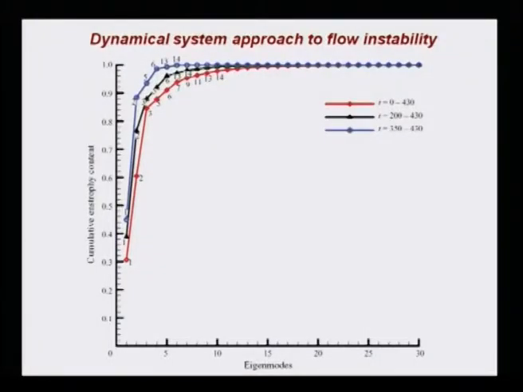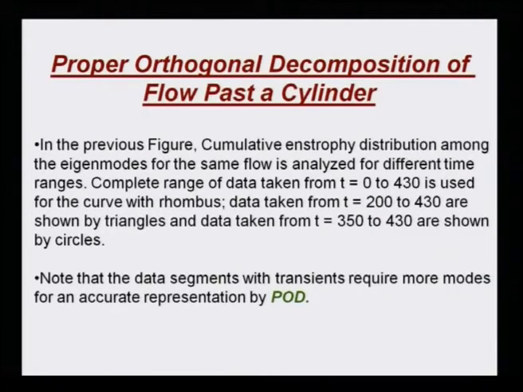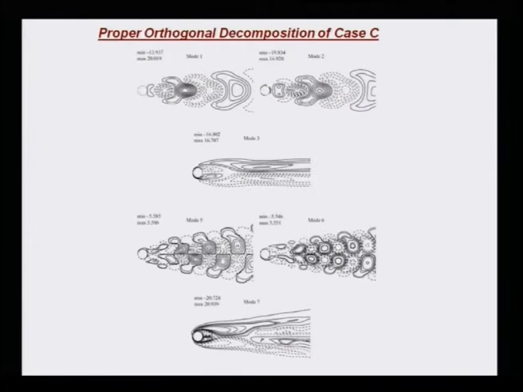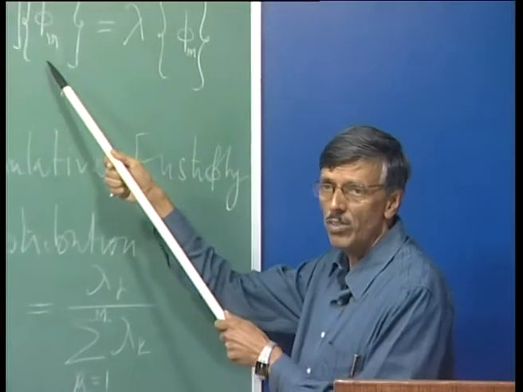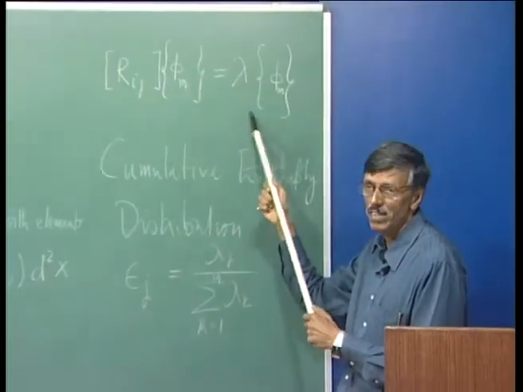So you see, you now have a very powerful tool to explain how the disturbance vorticity field is, in terms of this lambda. And what we can do is, having obtained the lambda, I can solve this equation and obtain these eigenfunctions.